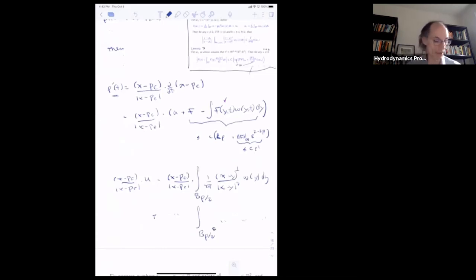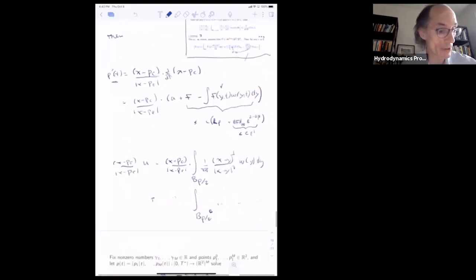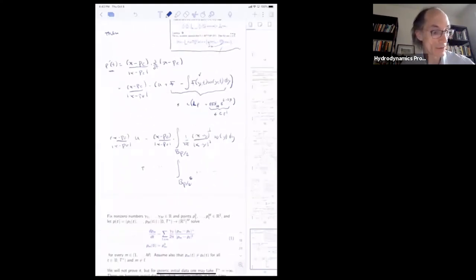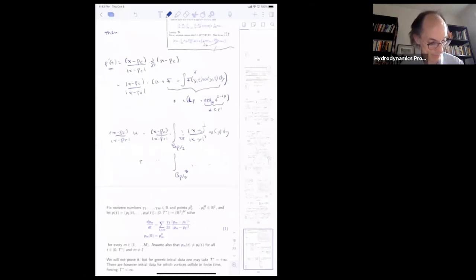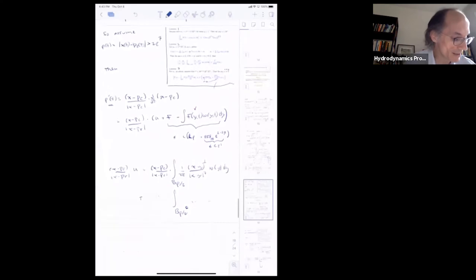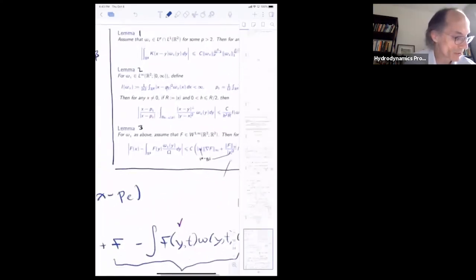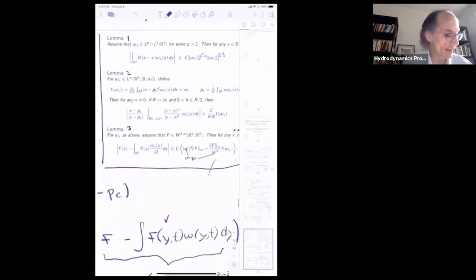Okay, and then my remaining two lemmas will help with this. So the first piece we can see has exactly the form from lemma 2. Here was lemma 2, and it has exactly this form.